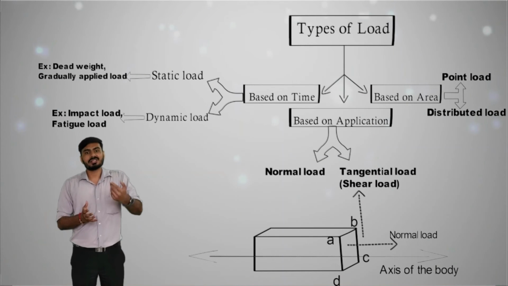Further, to calculate the stresses, you will have to identify the moments, couple and torsion effect, because these are the other factors which will create different types of stresses. This moment, couple and torsion are nothing but different cases of these loads or forces. Loads are also known as forces. So these are the different cases which we are going to explain in the upcoming videos.